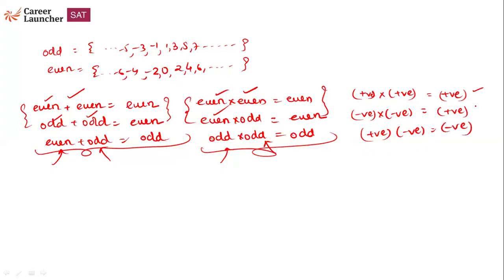Negative. Product of two integers is positive if either both of them are positive or both of them are negative. Whereas product of two integers is negative if exactly one of them is positive and the other one is negative. Clear?